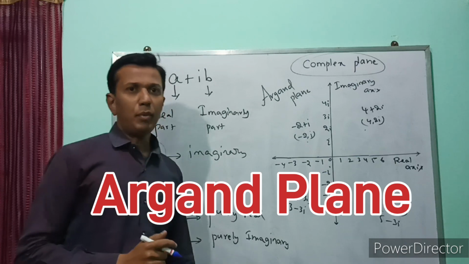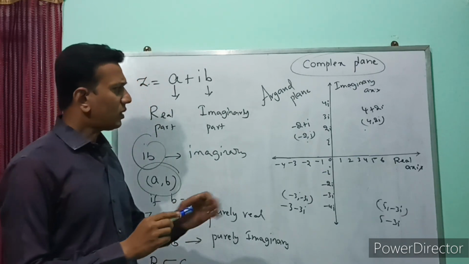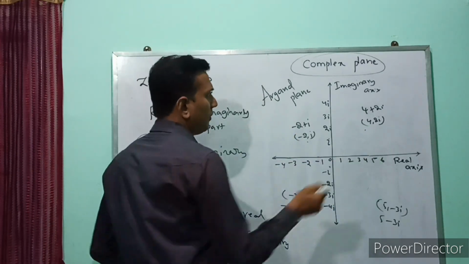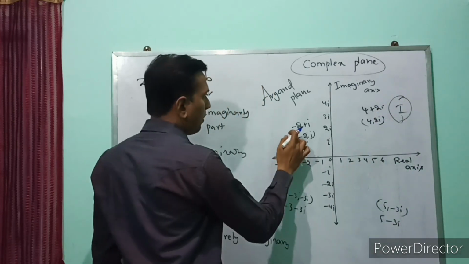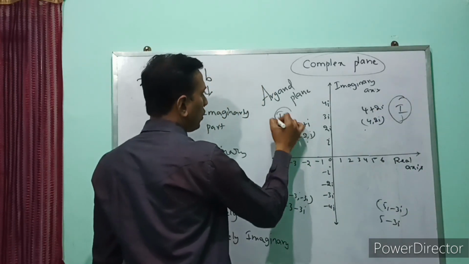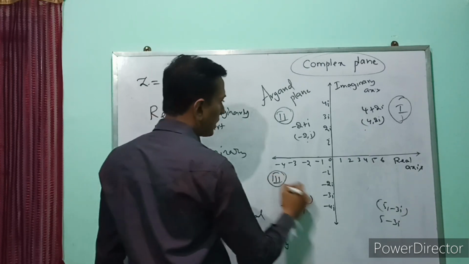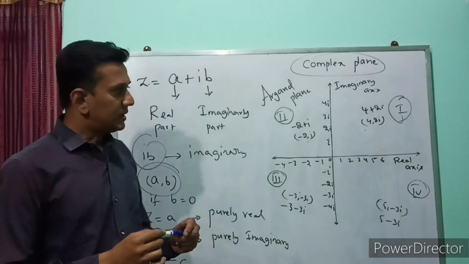Now, two important points we have to discuss here. Two note points. 4 plus 2i is in the first quadrant, minus 2 plus i is in the second quadrant, minus 3 minus 3i is in the third quadrant, 5 minus 3i is in the fourth quadrant.